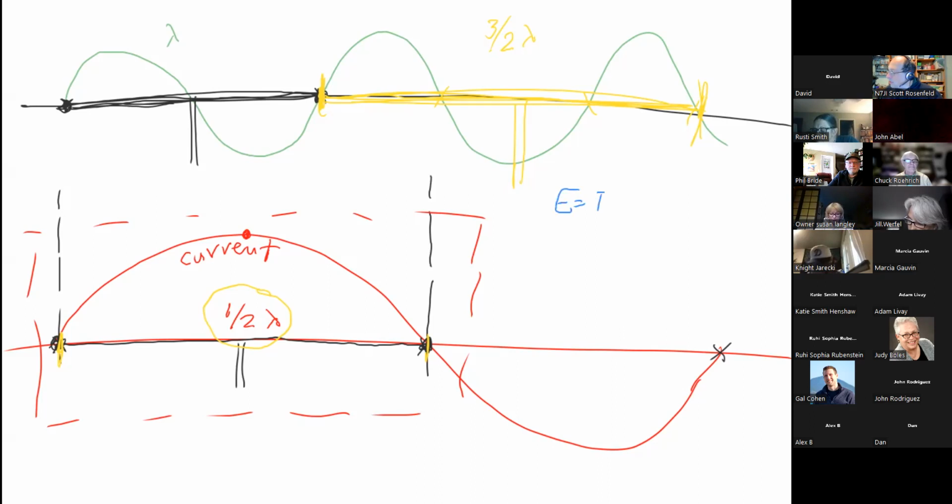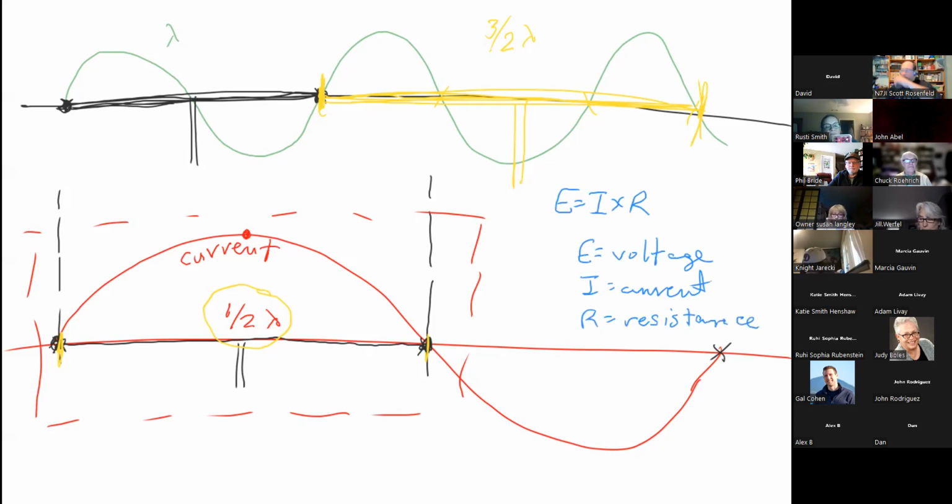E is equal to I times R, where E is your voltage, and I is your current, and R is your resistance. So we can rearrange E equals I times R, and make it R is equal to E divided by I, which is our voltage, E, divided by our current.